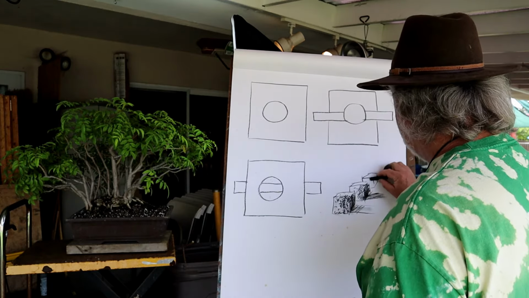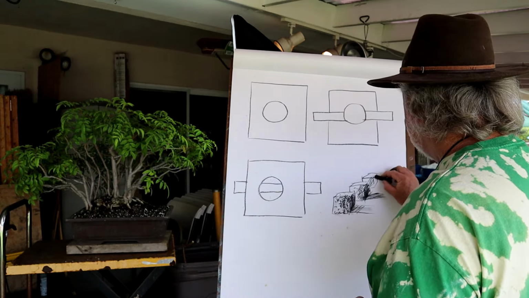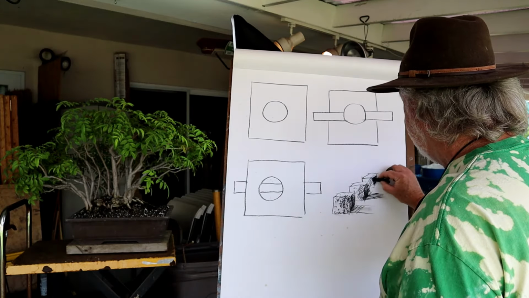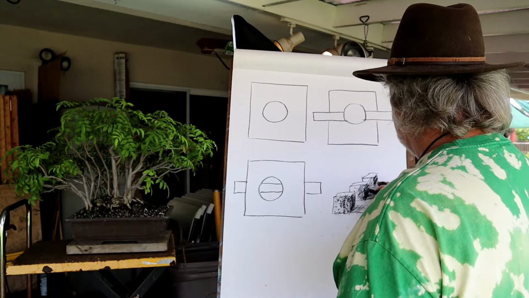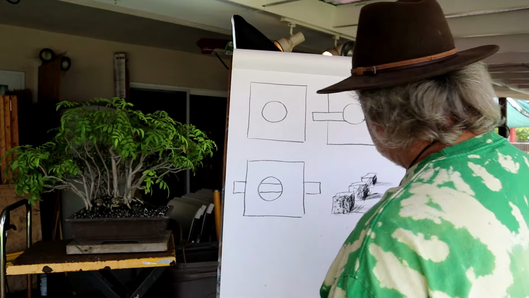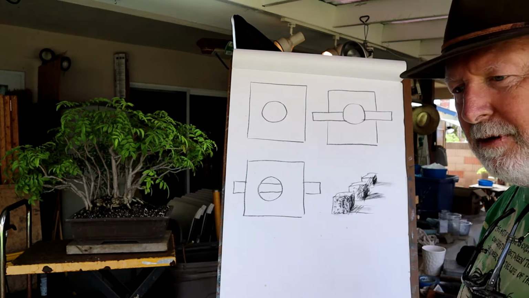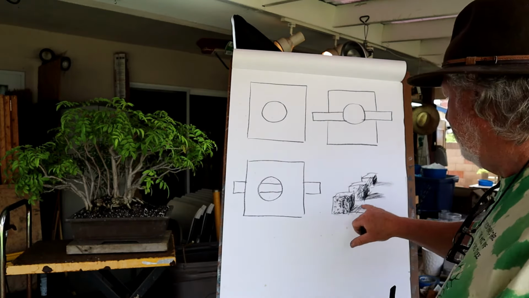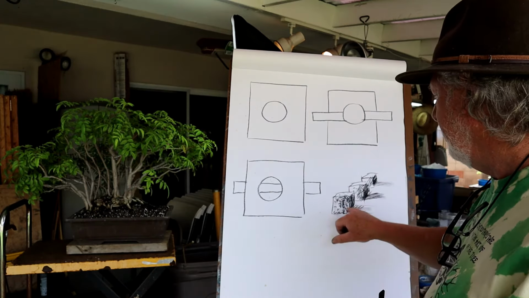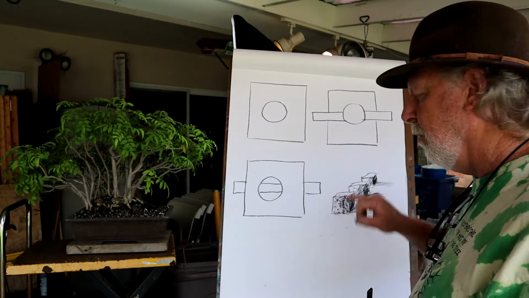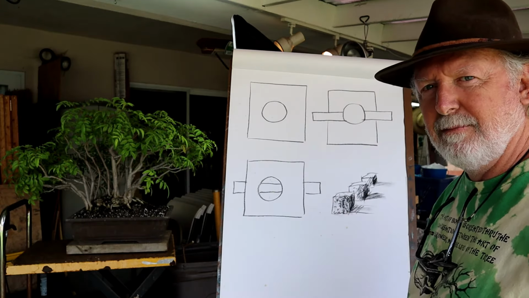And this one even less, where it's just shade. You see how that gives you this idea of perception of depth. The closer you get here, the more detail you have. The further away, the less detail there is.